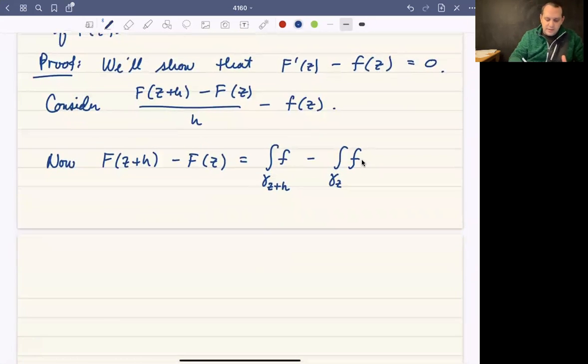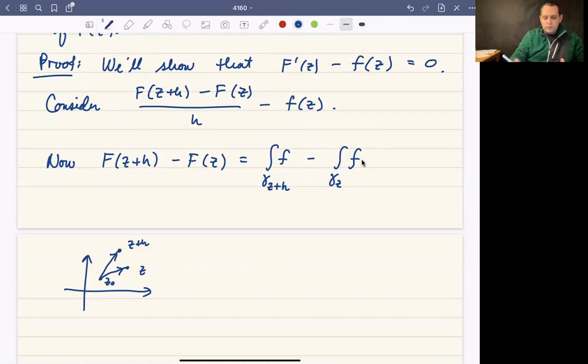But just think about what's happening here if you have a silly primitive drawing here. Here you have some point z. Here you have some point z plus h. And what we're thinking about is the line integral from, say, z naught to z, and the line integral from z naught to z plus h.